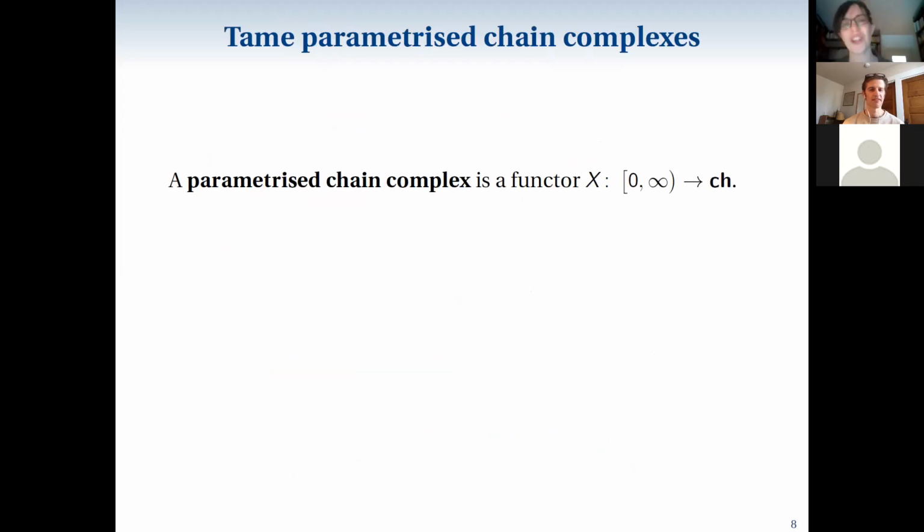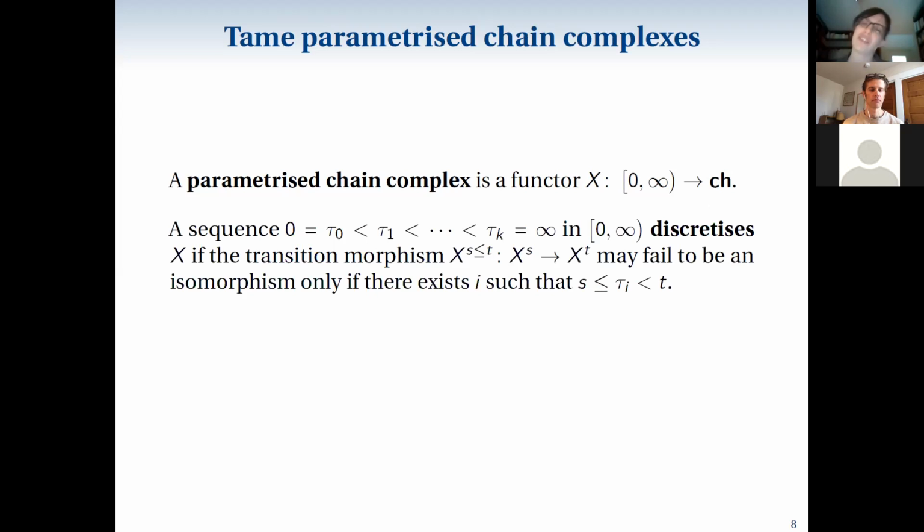So, okay, a tame parametrized chain complex is a functor from the non-negative reals into the category of chain complexes. It is a functor, yes. Okay. So the point is here, if I'm working with data, is that this thing is too big. I can have uncountably many changes. This is definitely something that is not going to happen on data. Okay, so let's restrict ourselves to something a little simpler.